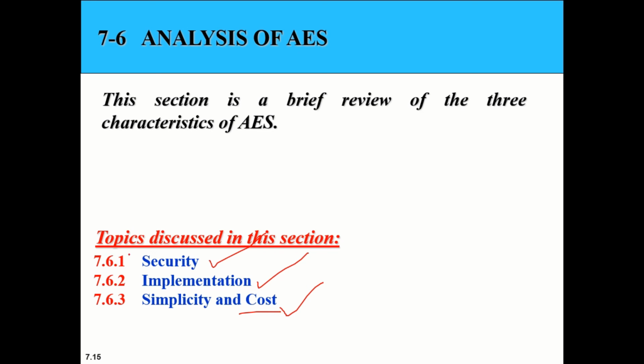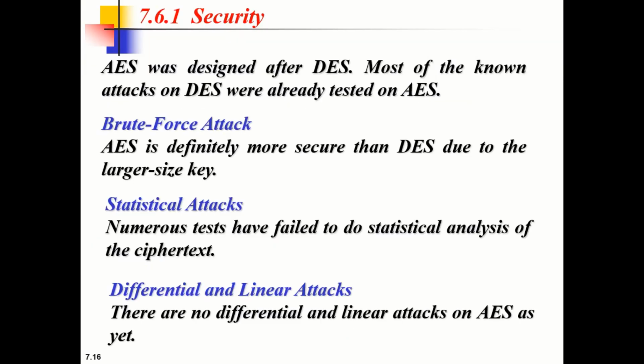So we will be discussing all of these things, whether AES supports these requirements or not. So AES was designed after DES, and most of the known attacks on DES were already tested on AES before making it public. So it handled the brute force attack, the statistical attacks, and differential and linear attacks very well. Okay, so we can say that AES is very secure.